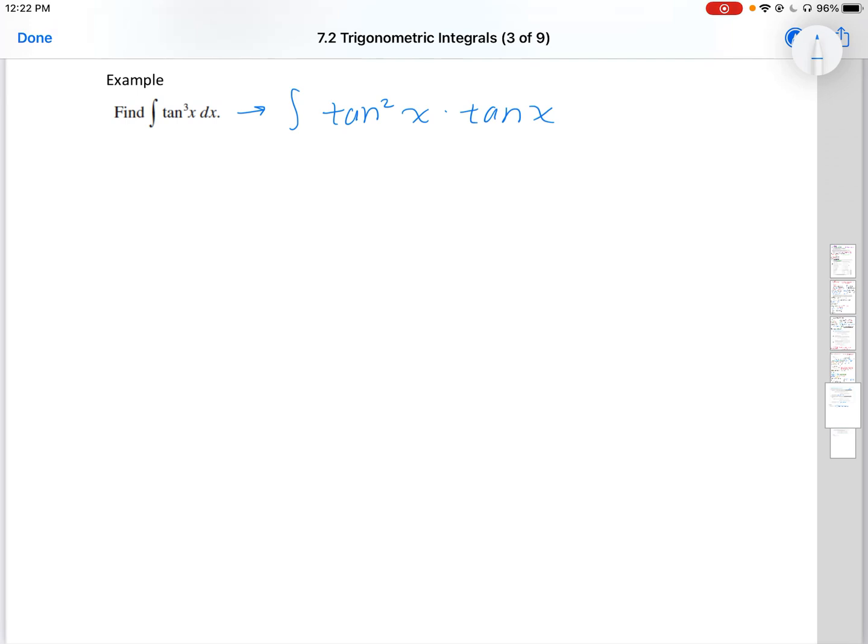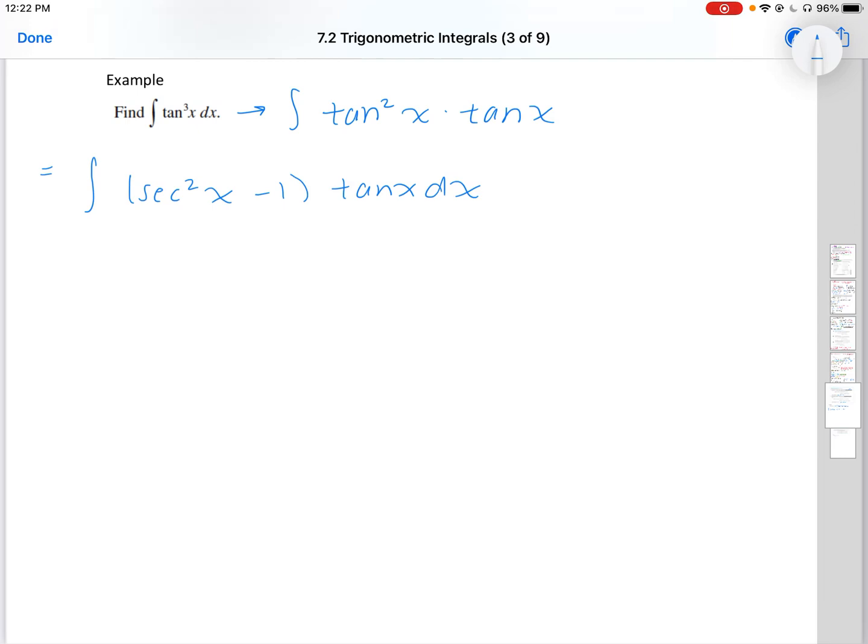All right, and we're doing this because we want to incorporate our secant squared. So now we change tangent squared to secant squared of x minus 1, times tangent of x dx.